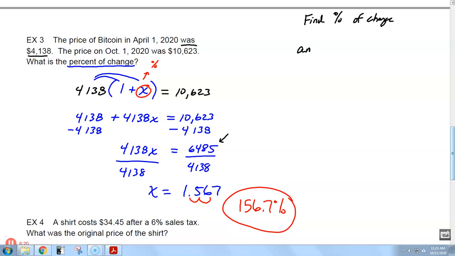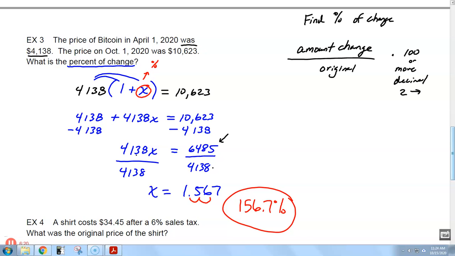So you could just do the amount of change divided by the original amount. And then after that, you're going to have to either multiply by 100 or move the decimal 2 to the right. So that's just kind of a shortcut formula if you wanted to do that.